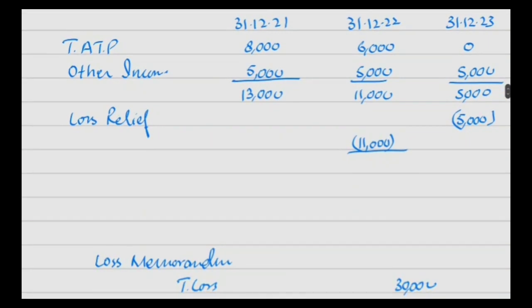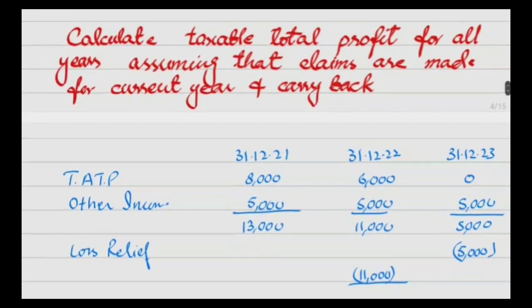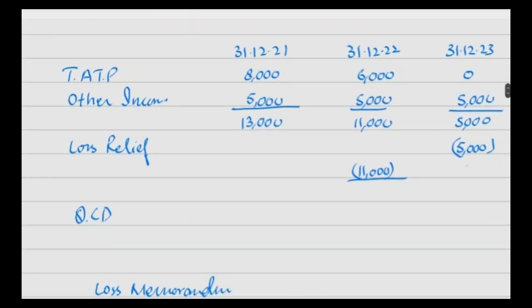Another point you need to consider is that QCD in the first case is 400, but it will be wasted because we don't have enough profit available to set off the QCD. Same is the case for 31st December 22. We don't have any profit कि जिसके अगेंस्ट हम QCD को सेटअप कर दें, so QCD यहाँ पे भी वेस्ट हो जाएगा.